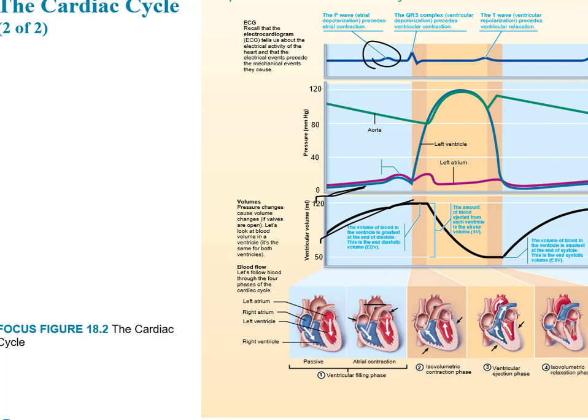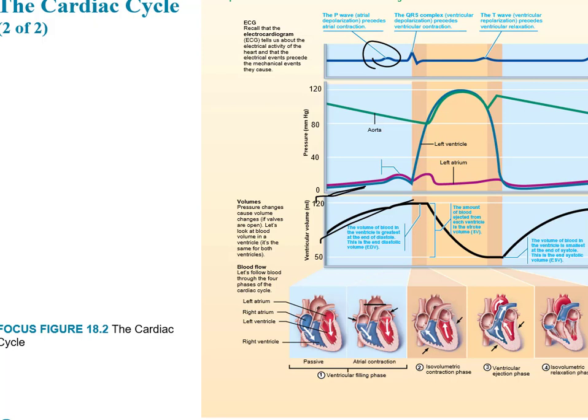All of the valves are briefly closed after the blood fills the ventricles. So you have your tricuspid and bicuspid closed, and you have the semilunar, pulmonary, and aortic valves closed. The blood is in the ventricles, and the blood is starting to build up pressure, which causes the pressure inside your ventricles to rise.